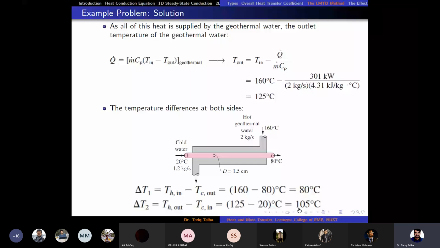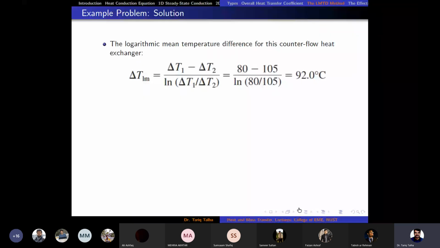If we find delta T logarithmic, which is the log mean, here it is written delta T LM, so it means we are talking about the log mean. If we do that, delta T log mean comes out to be 92.0.